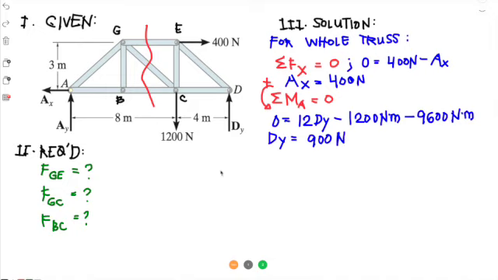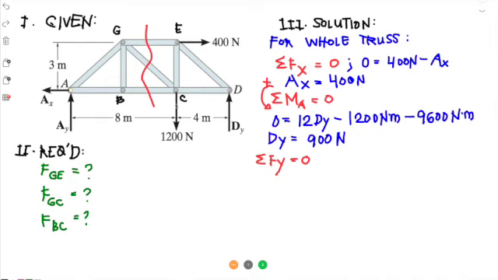Okay, now that we have a value for DY, if we do a summation forces in the y direction, I'm not writing the assumptions for x and y since we are operating on the sign convention of the Cartesian coordinate plane, where x going right is positive, y going up is positive. Okay, so summation forces y must be equal to 0.